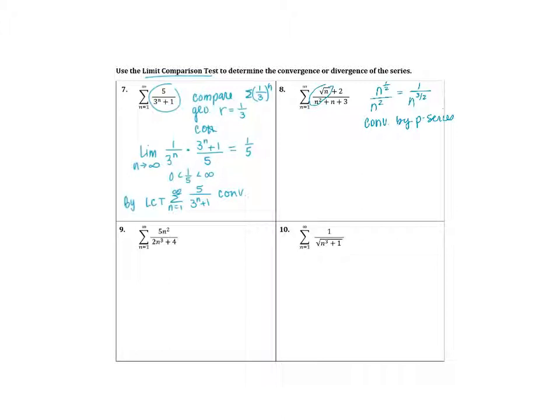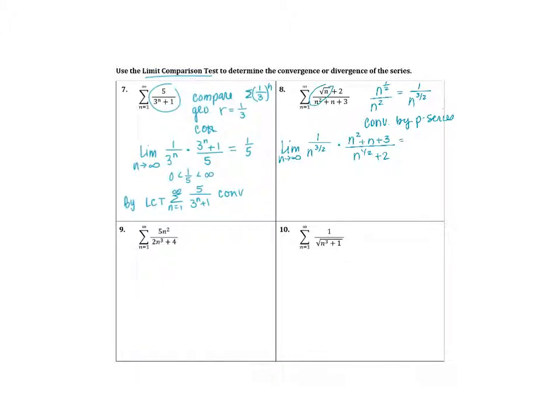And so now let's look at our limit as n approaches infinity. And I'm going to compare 1 over n to the 3/2 times, and then we're going to do our reciprocal, n squared plus n plus 3 over n to the 1/2 plus 2. And so let's look at what happens here with those exponents.